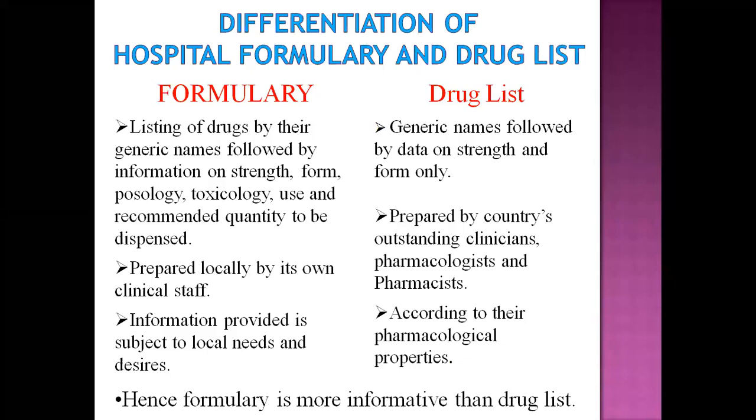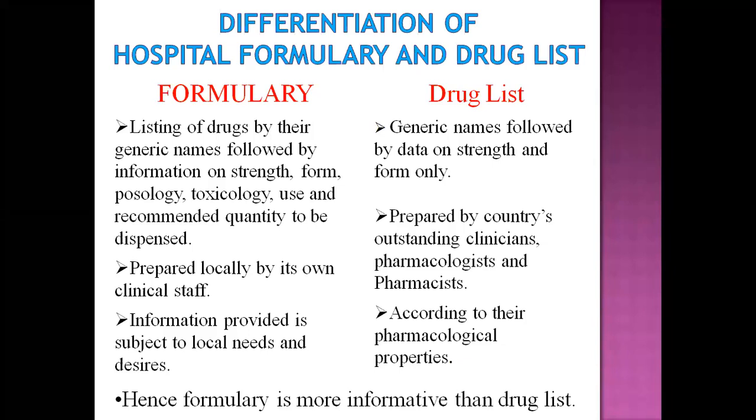Hospital formulary, nothing but it's a listing of drugs along with their strength, dosage forms, toxicological effect, posological effect, and their use along with the recommended quantity to be dispensed. Whereas in the drug list, generic names followed by the data on the strength and form only.